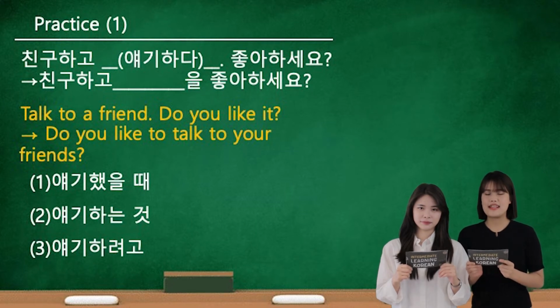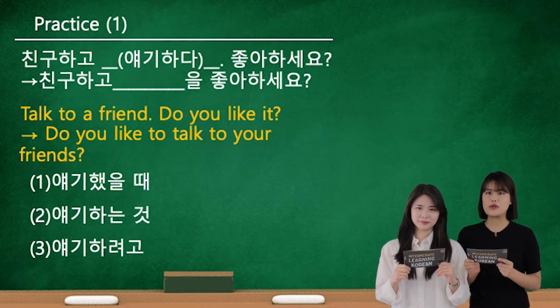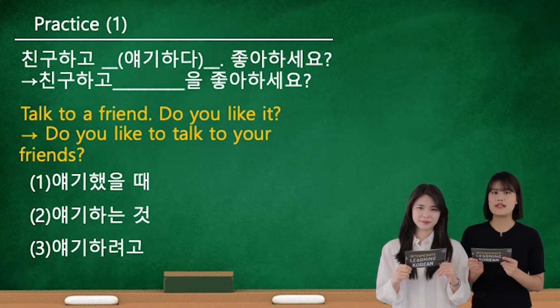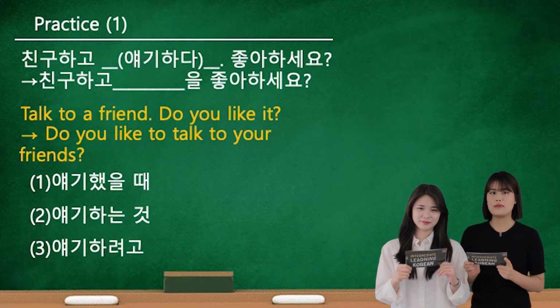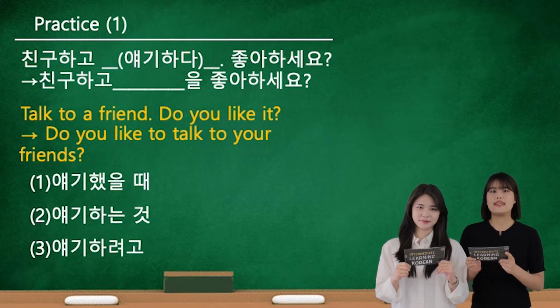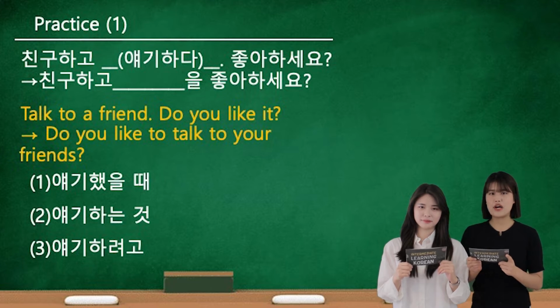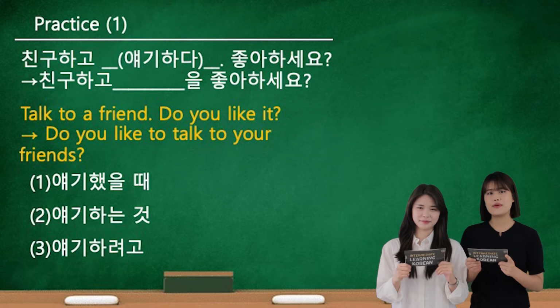Look at this sentence and make a sentence using the 는 것 we learned today. The first problem will be solved with us, and for the second problem, we will give you a little time, so please try it. This is the first problem. 친구하고 얘기하다 좋아하세요?